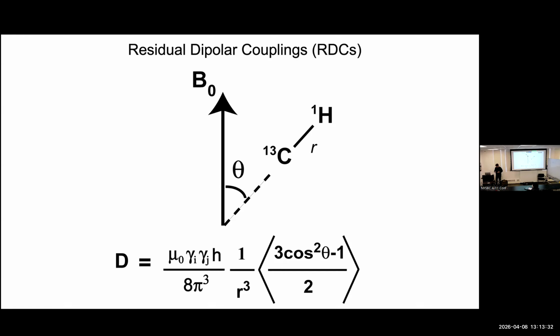Over time, what one will observe is the time average, or the ensemble average, of all the different orientations, and the dipole interaction will therefore manifest itself as the average of all the different orientations that one has under solution conditions.